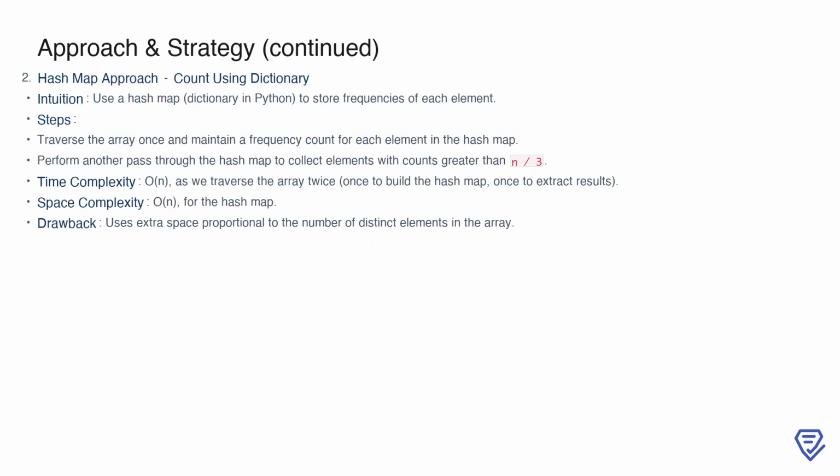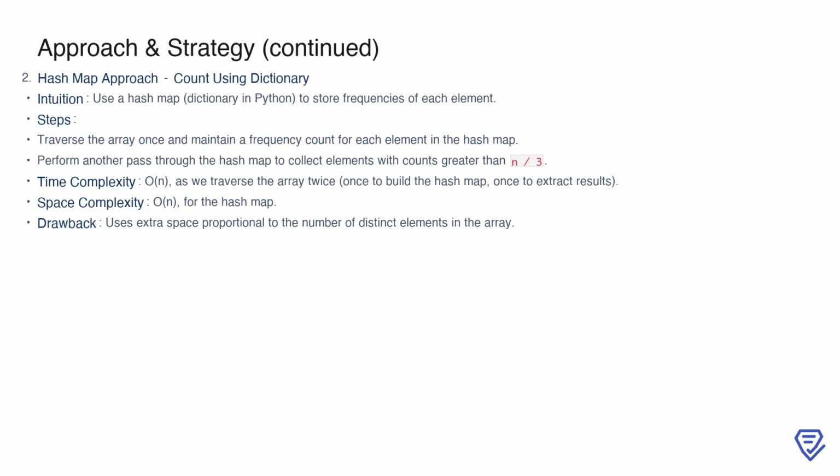An improvement over the brute force method is the hash map approach, which leverages a dictionary to count frequencies. Here, the intuition is to process the array in a single pass to maintain a frequency count of each element in a hash map. After building the frequency map, we perform another pass to extract elements that occur more than n divided by 3 times.